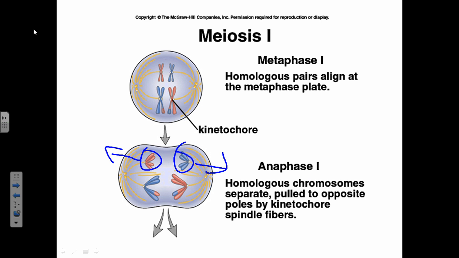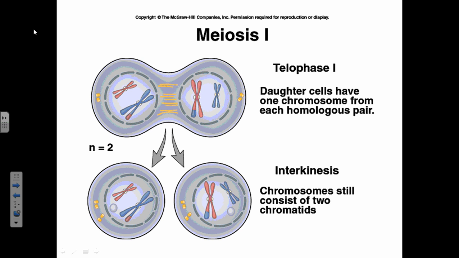Homologous chromosomes get separated during anaphase 1. The X's don't break. The X's are still together. The partners get separated from each other. And finally, what comes after anaphase 1? Telophase. It's PMAT, right? Prophase, metaphase, anaphase, and then telophase.